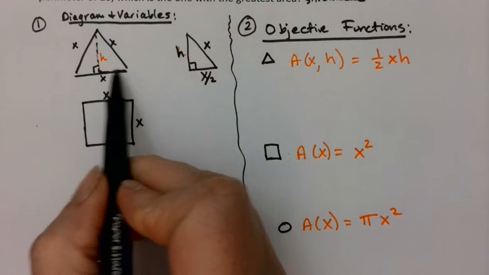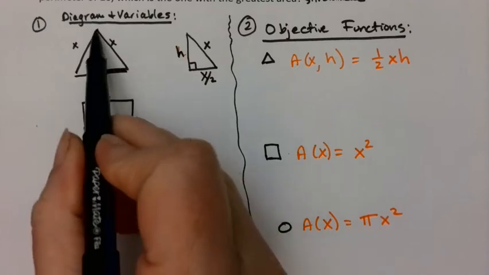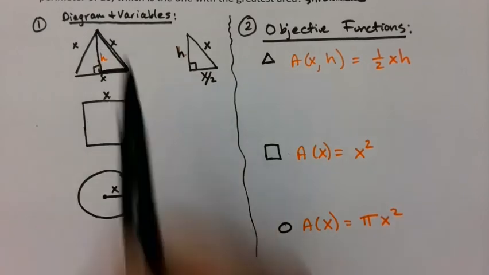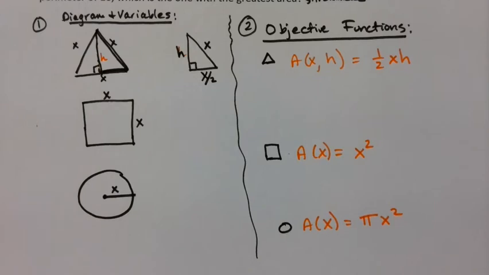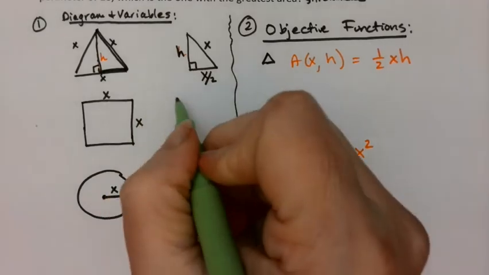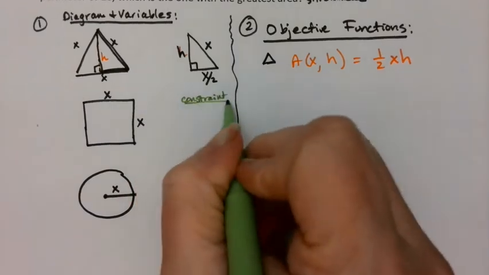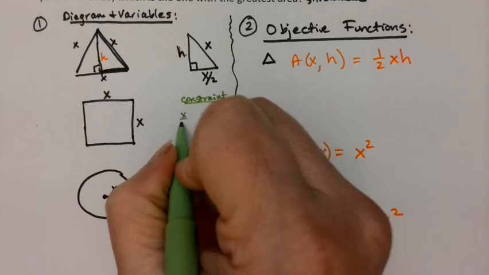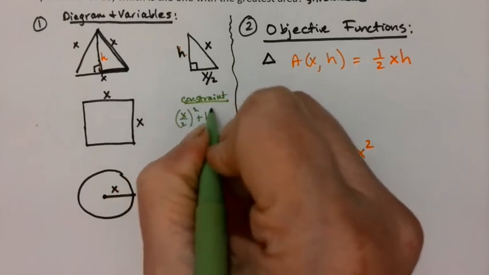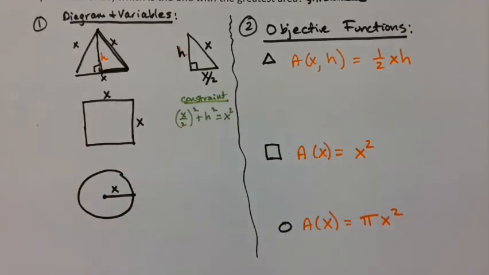I'm looking at basically this portion of the triangle. Well, I have a relationship that relates those sides. So that's a constraint that I have. Since it's this triangle, I know x over 2 squared plus h squared has to be equal to x squared. Pythagorean theorem.